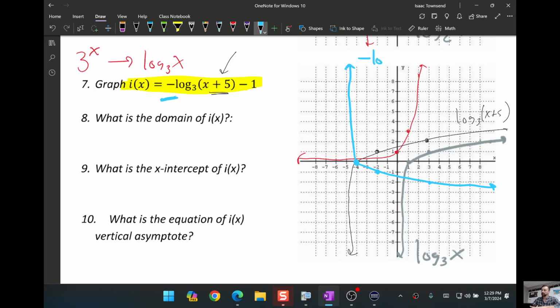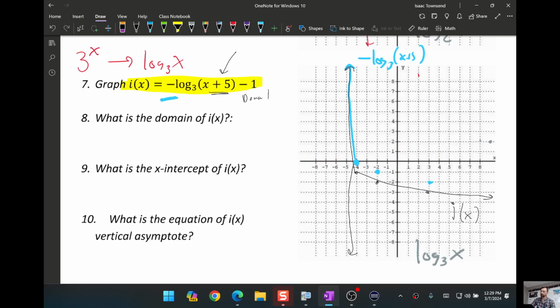So this would be negative log base 3 of x plus 5. And then finally, the minus 1, of course, goes down 1. So move all of the points I was sure about down 1, reconnect, and this is optional, but to me my graph gets a little bit too busy here. I've got too much going on, so those were good steps to help me see what I was doing, but I really don't need them in the long run.